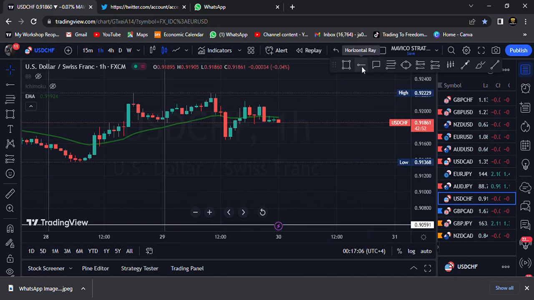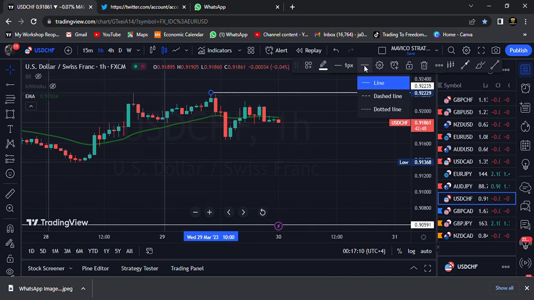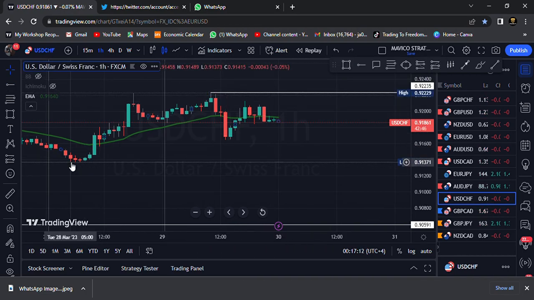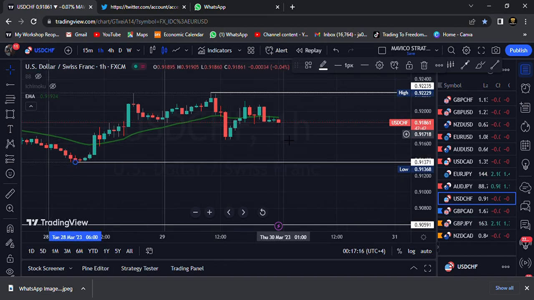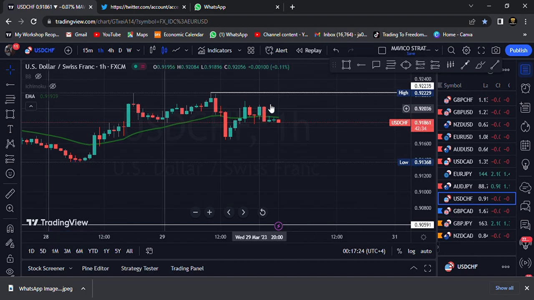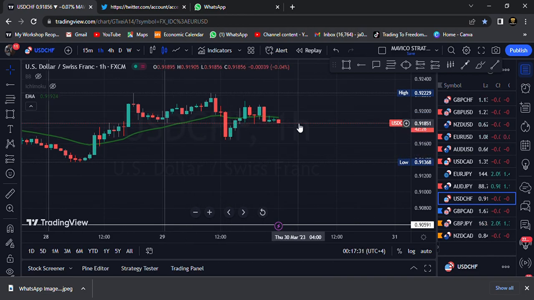I don't need to say here is your resistance, this is your support. If price reaches here, I just see it. That's why I'm going kind of fast. So obviously here already it shows clearly that it's a sell.